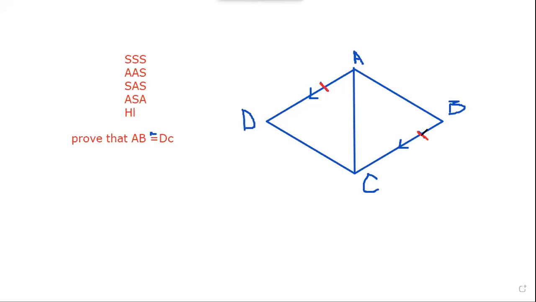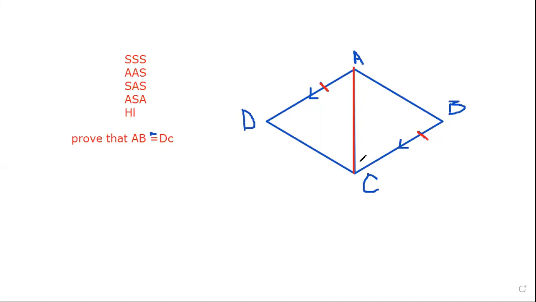First, triangle ABC. Let me say something, honey. Why did he give us AD parallel with BC? You can use it for something. This is the transversal between them, right? Then the reflexive side.